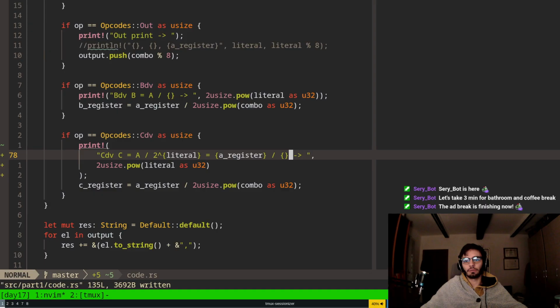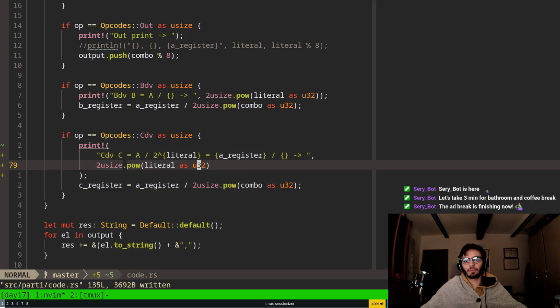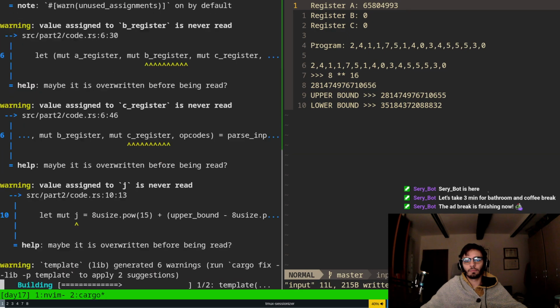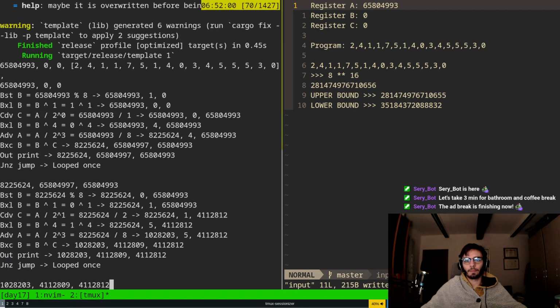Oh wow, 2 to the power of 5. Okay, the combo, which would be 0. See, this doesn't help out. Okay, this is bad, this is okay.